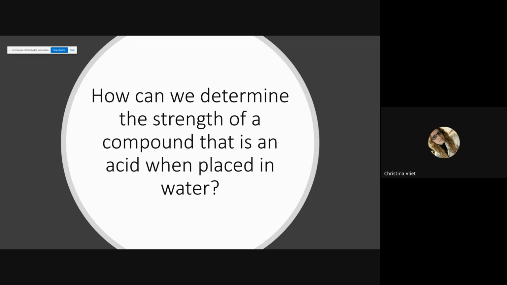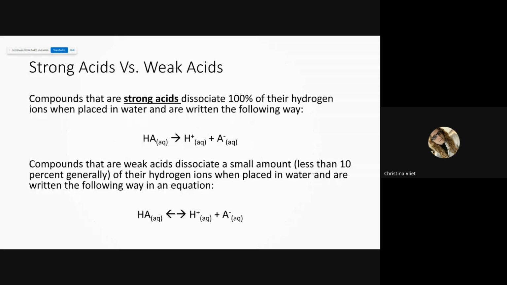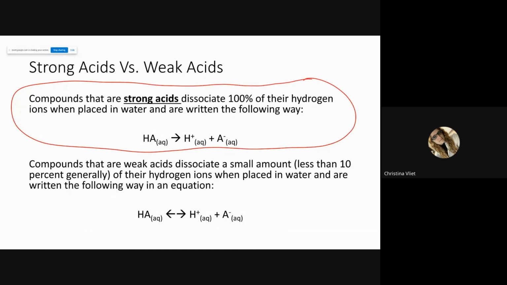So what we define as a strong acid, and I just want you to write this part. You don't have to write the part about weak acids, just the part about strong acids, because that's the part that really matters here.